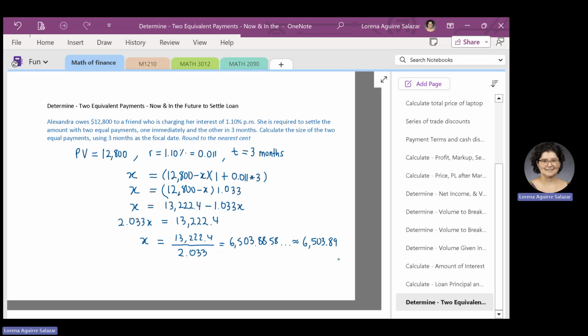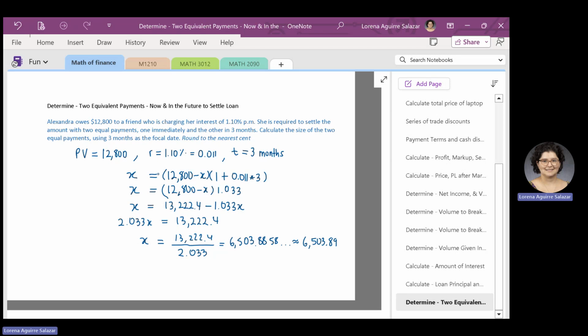So to summarize what we did here, in this problem, the amount borrowed is the principal, and that's $12,800. The rate is a simple interest rate, and it's 0.011. The time period, which is the period of time for which the principal amount is borrowed, in which interest is charged or earned, in this case is 3 months.